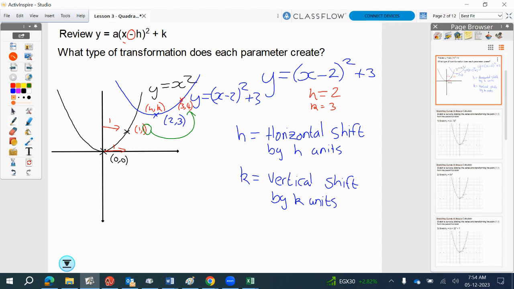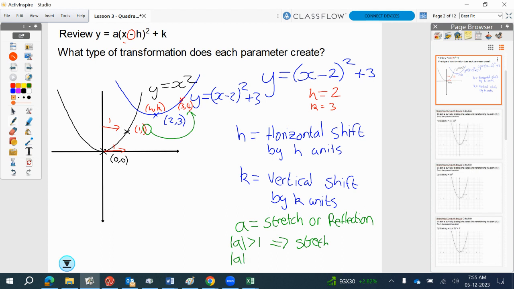Your last transformation is a. This creates a stretch and/or reflection. If a is greater than 1, we get a stretch.